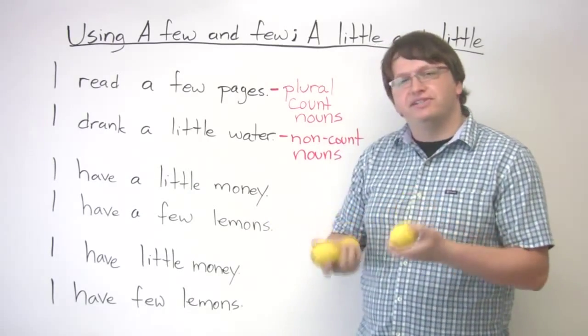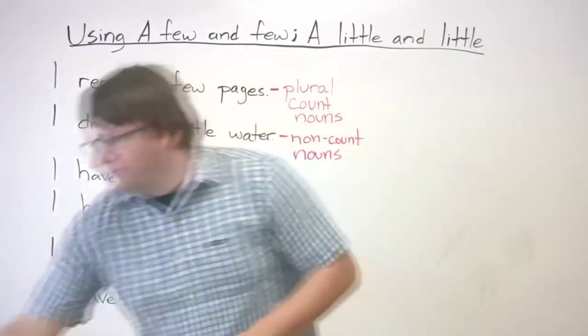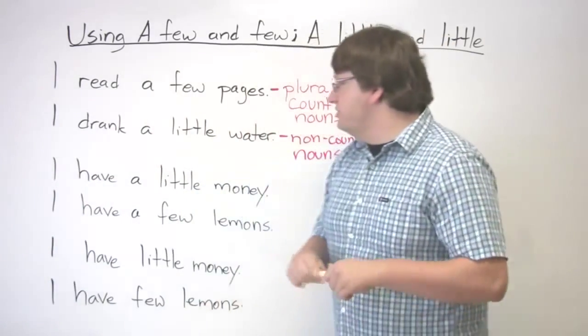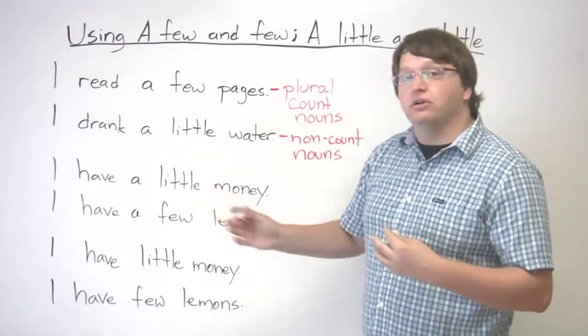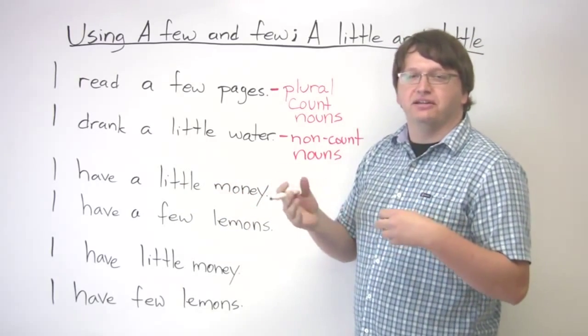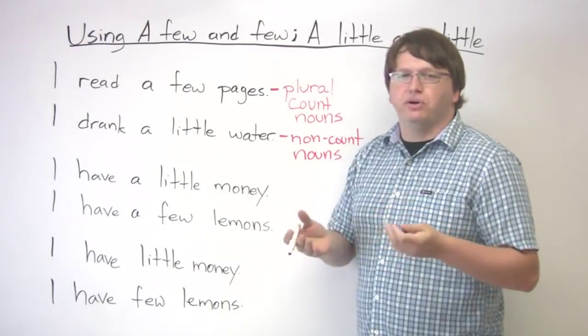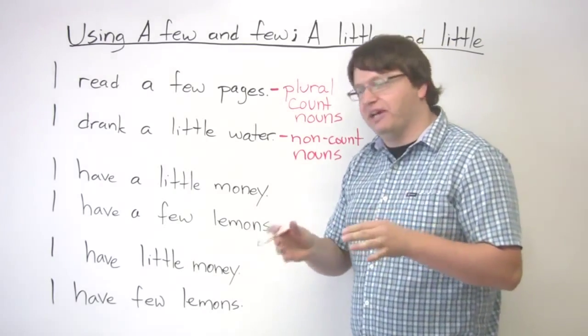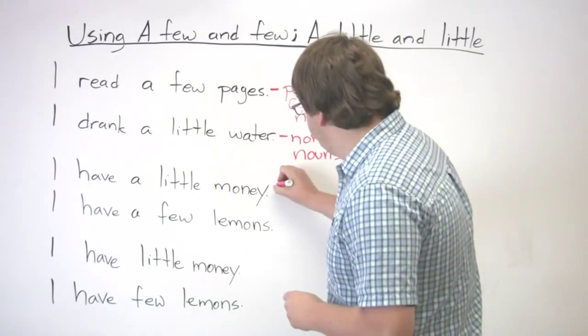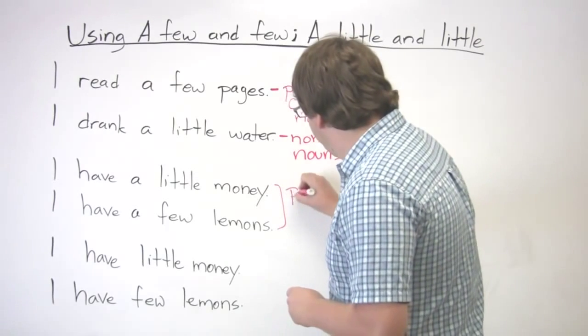This is a positive statement. So we use a little and a few when we want to seem positive about having something. We don't have 0, we have some. It's okay, we have a little bit at least. So these are both positive.